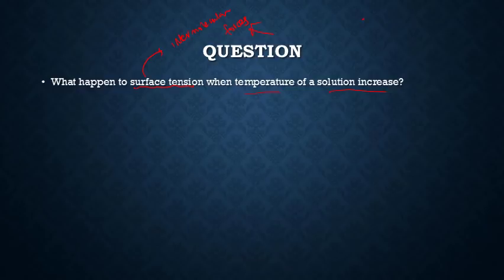When we have the forces between the same molecules, we call it cohesion force. When we have force between different molecules, for example, this one binds to this and binds to a different one, this is adhesion forces. So what happens to the cohesion and adhesion forces when temperature of a solution increases?